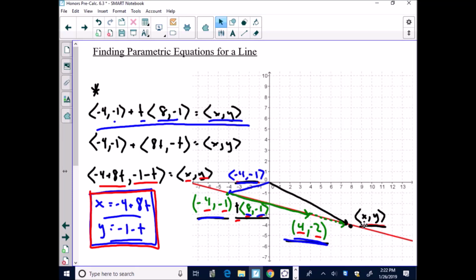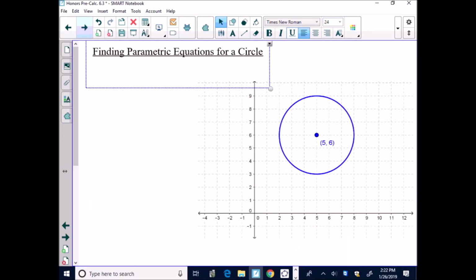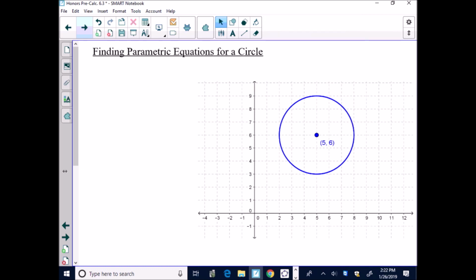We're going to move on to looking at defining a set of parametric equations that will give us a circle on the xy axis. And a lot of this is going to be pretty similar. Right here, what we're going to do first is say a circle is defined on the xy axis with a center.